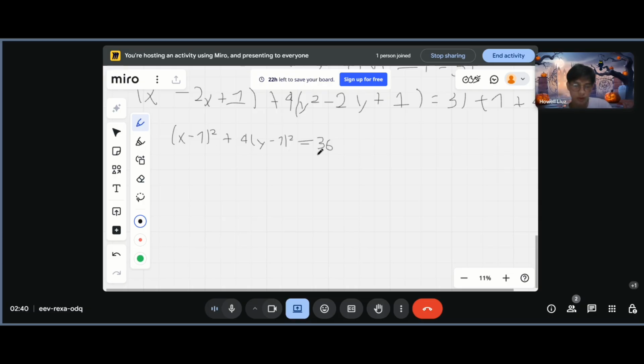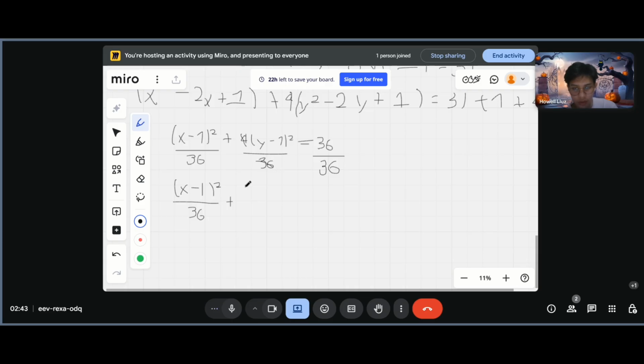And this is to simply divide it by 36. So next, this equation we're going to (x − 1)² over 36 plus, so 4 and 36 have common factors, so they should be cancelled out.